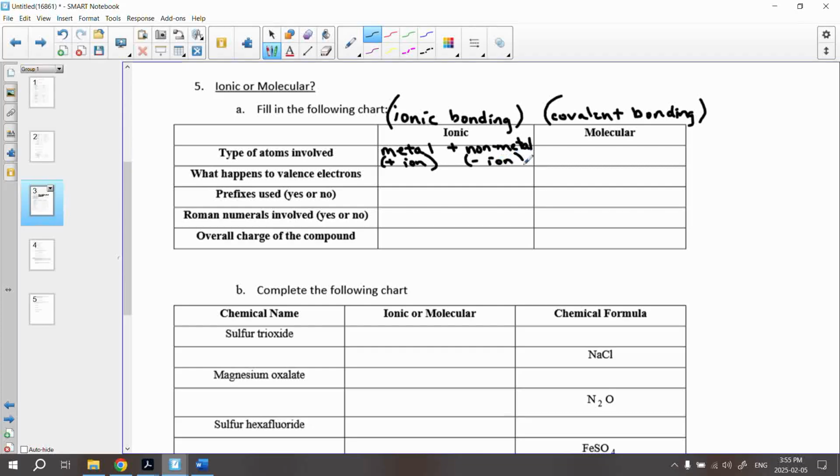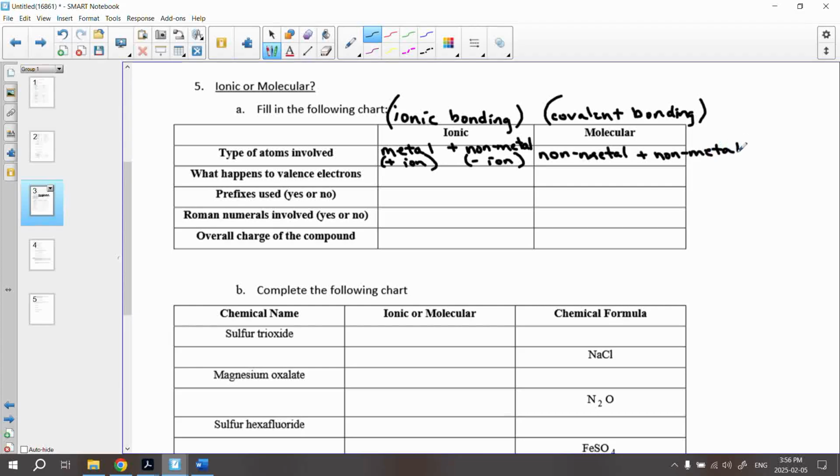Because that then allows us to incorporate polyatomic ions. So just know that lots of times it's a metal with a non-metal, but it's really any positive ion combined with any negative ion. Whereas a molecular compound there's only one way to do it, and that's a non-metal plus another non-metal. So two non-metals.